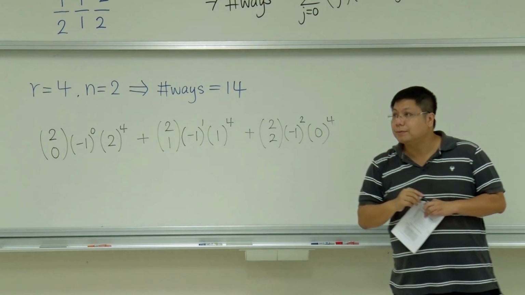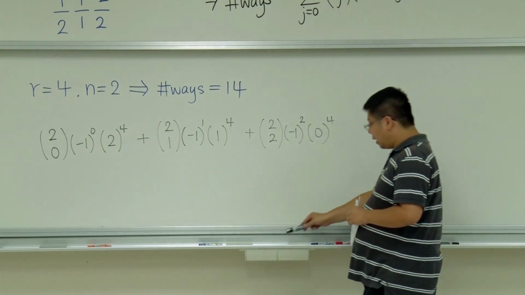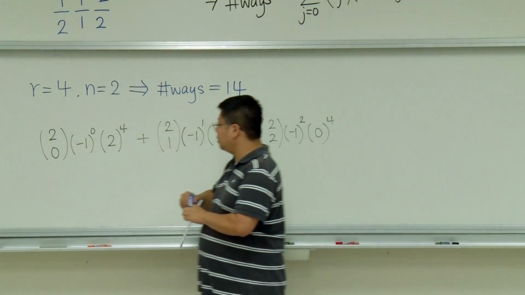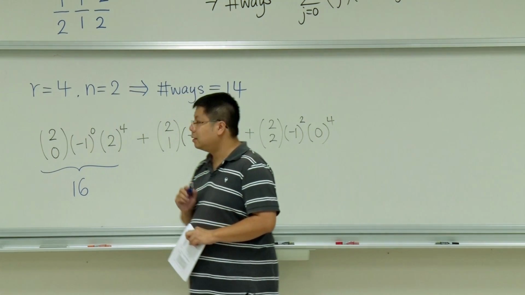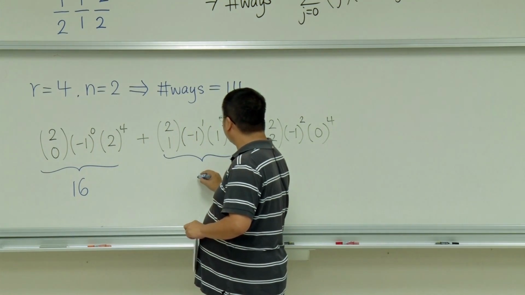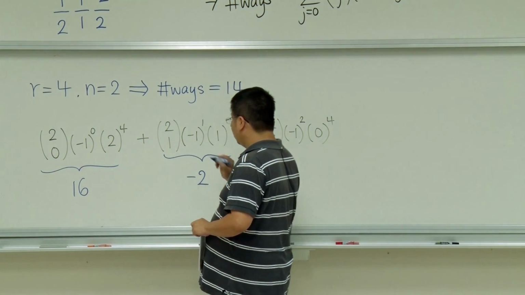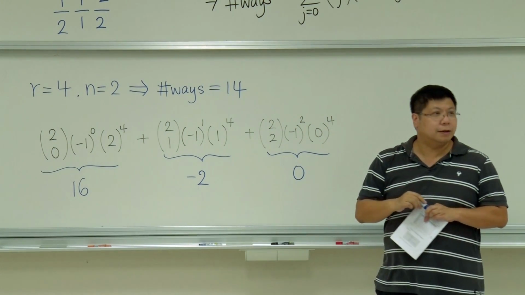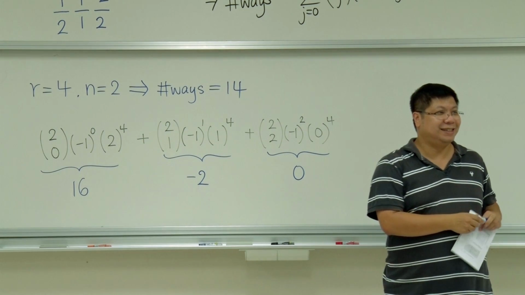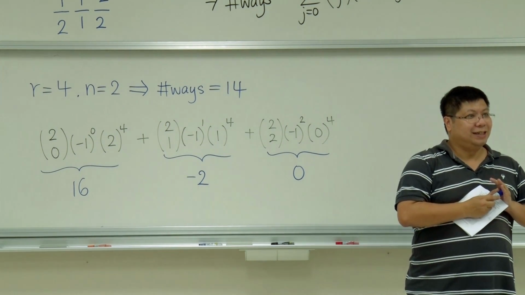Is that okay? And then this term is 16. This term is minus 2. And this term is 0. So in the end, we get 14. Okay? Is that okay? Okay.